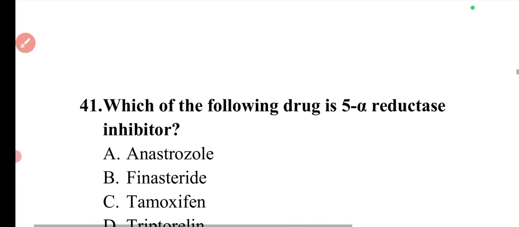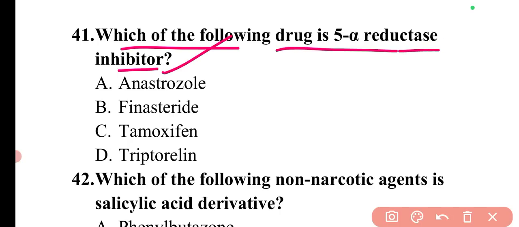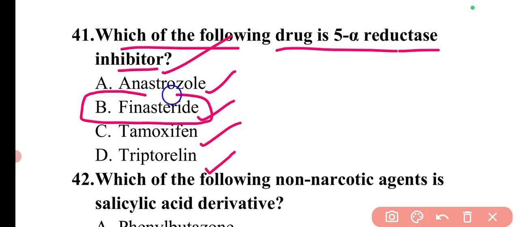Next question is, which of the following drug is 5-alpha reductase inhibitor? Options are anastrozole, finasteride, tamoxifen, triptorelin. The correct answer is option number B, finasteride.